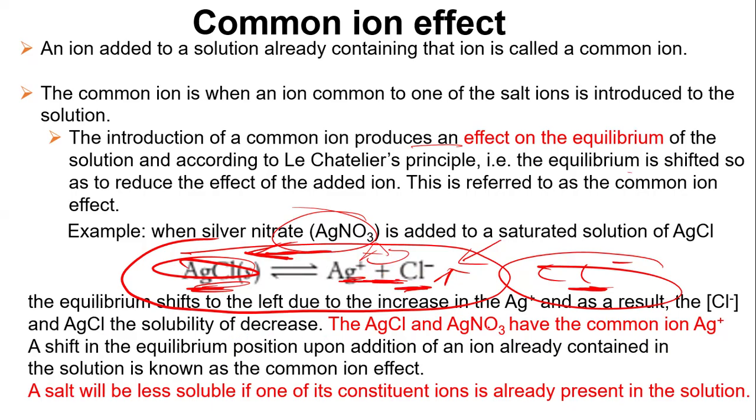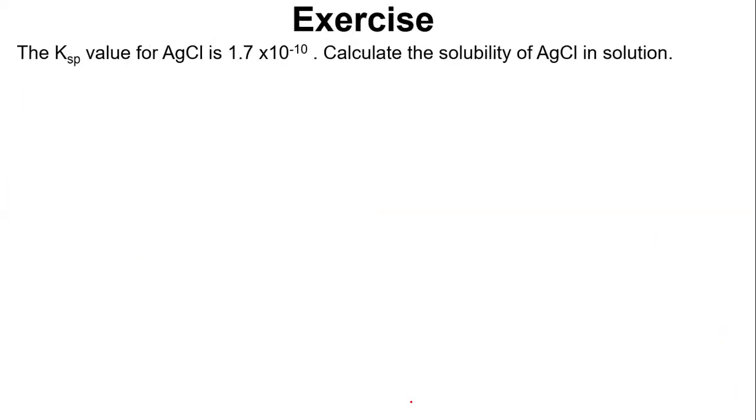The AgCl and the AgNO3 have a common ion, which is the Ag. A shift in the equilibrium position upon addition of an already contained ion in the solution is known as the common ion effect. A salt will be less soluble if one of its constituent ions is already present in the solution. So that's all about common ion effect.